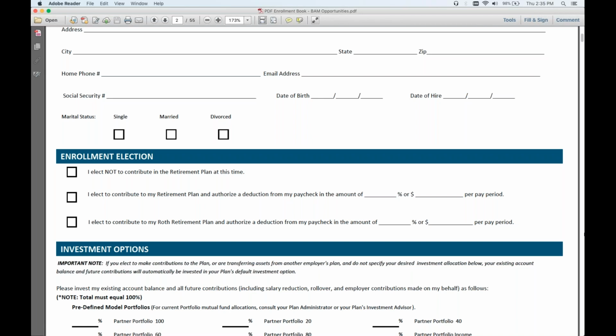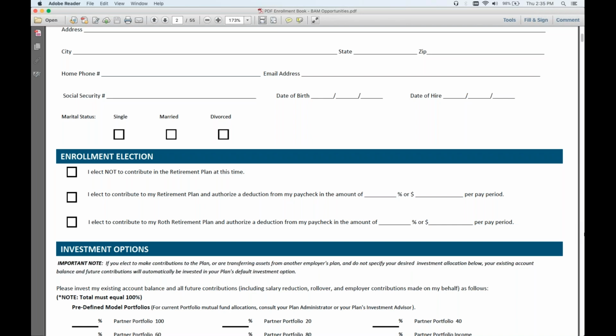Correct. So if they have met that eligibility mark, they would enter in either January 1, but if you're not eligible quite yet on January 1 and you haven't completed that eligibility mark, then you would be able to enter the plan in April. So that is quarterly enrollments, which is January 1, April 1, July 1, and October 1.